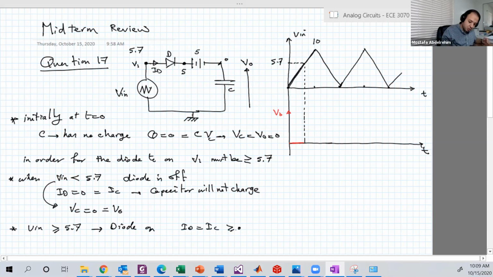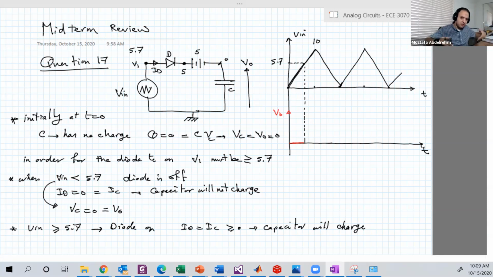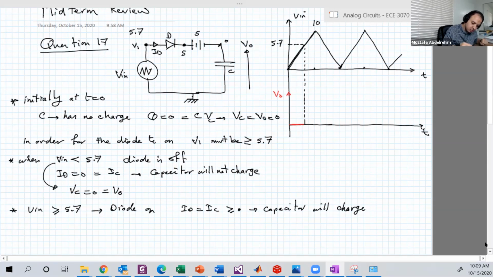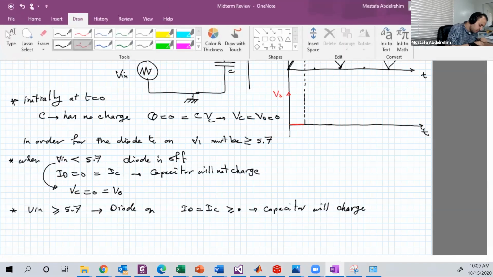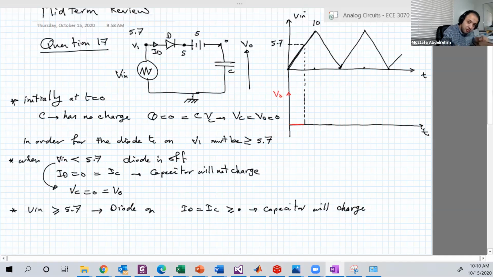That means the capacitor will charge. There will be charges on the capacitor plates, so its voltage will rise up. It will just follow the input at that point.